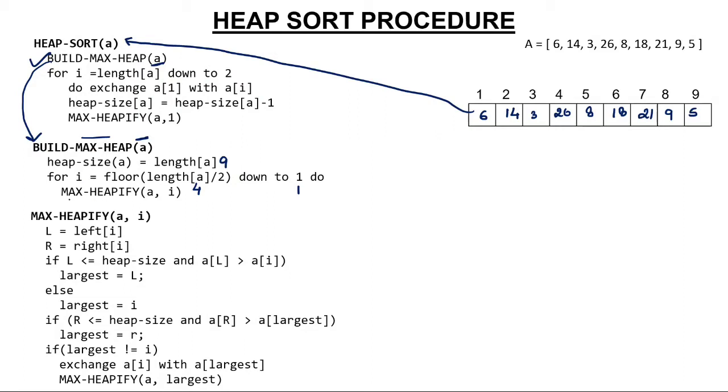I'm calling MaxHeapify with A and i. What is A? The entire array. And what is i? 4. So I'm giving the entire array and 4. Let me make a tree over here.